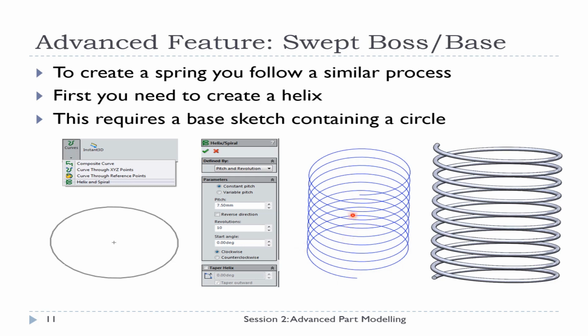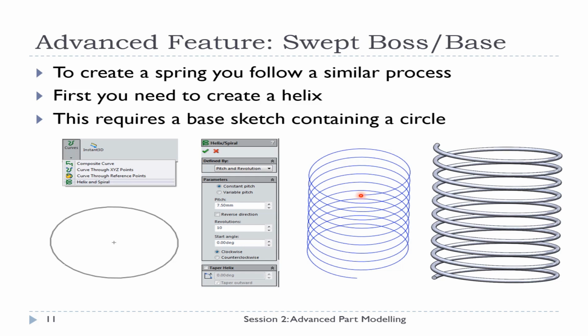So you can say, I want my helix to be at 75 millimeter height, and I want to fit 10 or any other number of revolution. So it would automatically create that shape with calculating the pitch.